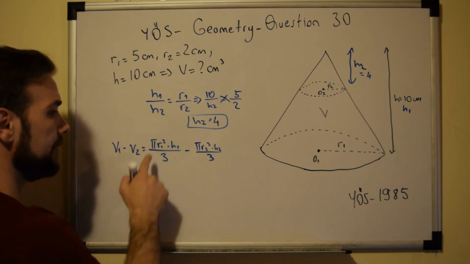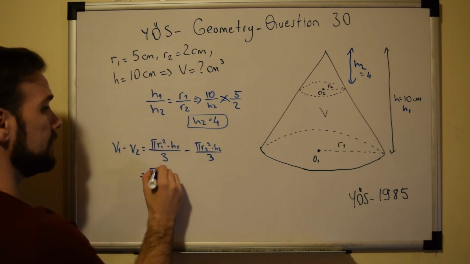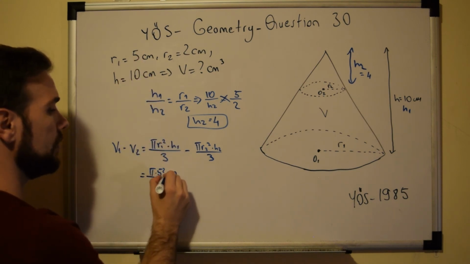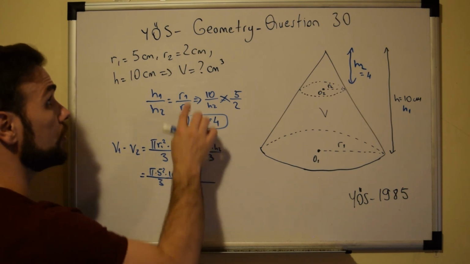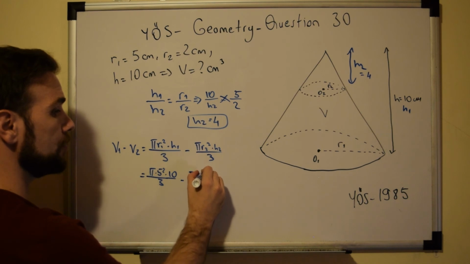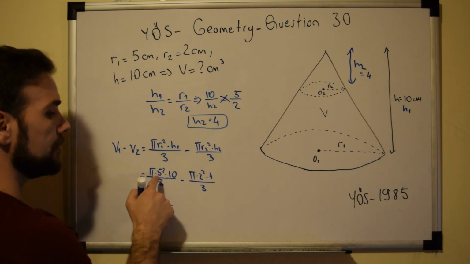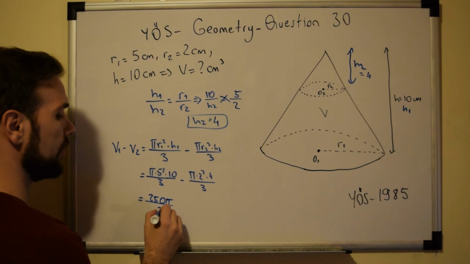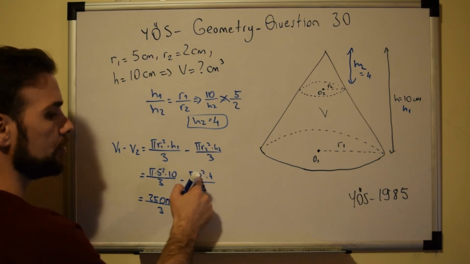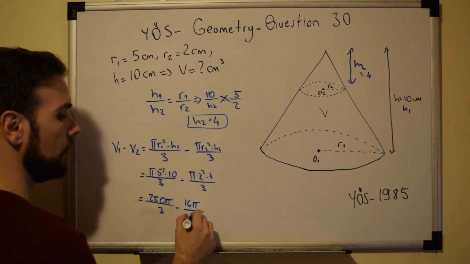So what do we have here? P times 5 squared times 10 over 3, minus P times r2, which is 2 centimeters, so it's 2 squared times 4 over 3. So we have 5 squared is 25 times 10 is 250P over 3, minus 2 squared is 4 times 4 is 16P over 3.